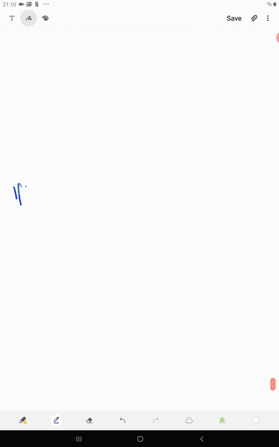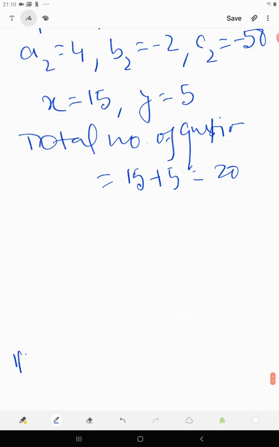Now the fourth one. Places A and B are 100 km apart on a highway. One car starts from A and another from B at the same time. So what we have is like this: A, B. Car 1 started from here and car 2 started from here.